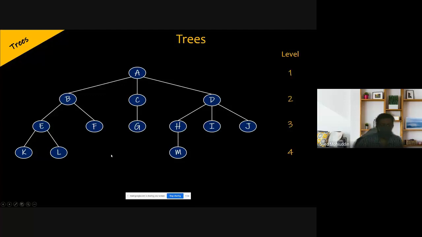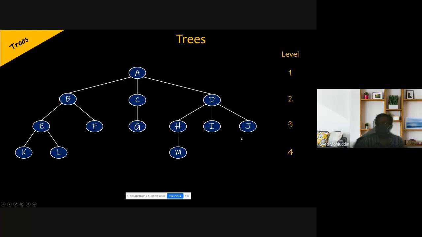They don't have any children. Then the nodes which have children, for example B, E, C, D, are known as non-leaf nodes or internal nodes. They have children. Even node A is an internal node or non-leaf node, but it has a special property that it doesn't have a parent, so it is known as a root node.